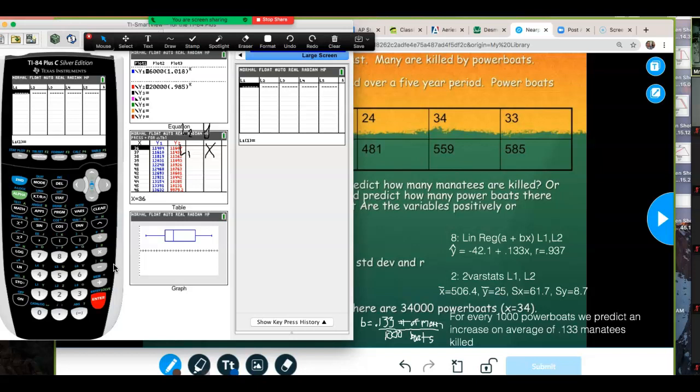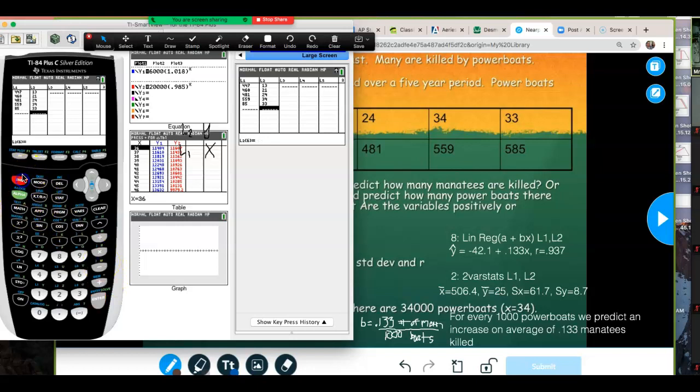So I have 447, 460, 481, and list 2, 13, 21, 24, 34, and 33.